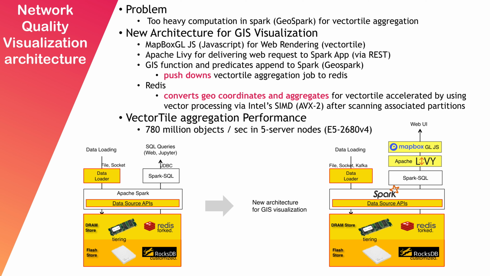Spark can process 780 million objects per second in 5 server nodes now. Compared with the original architecture, it showed nearly 20 times performance improvement in vector tile aggregation performance.